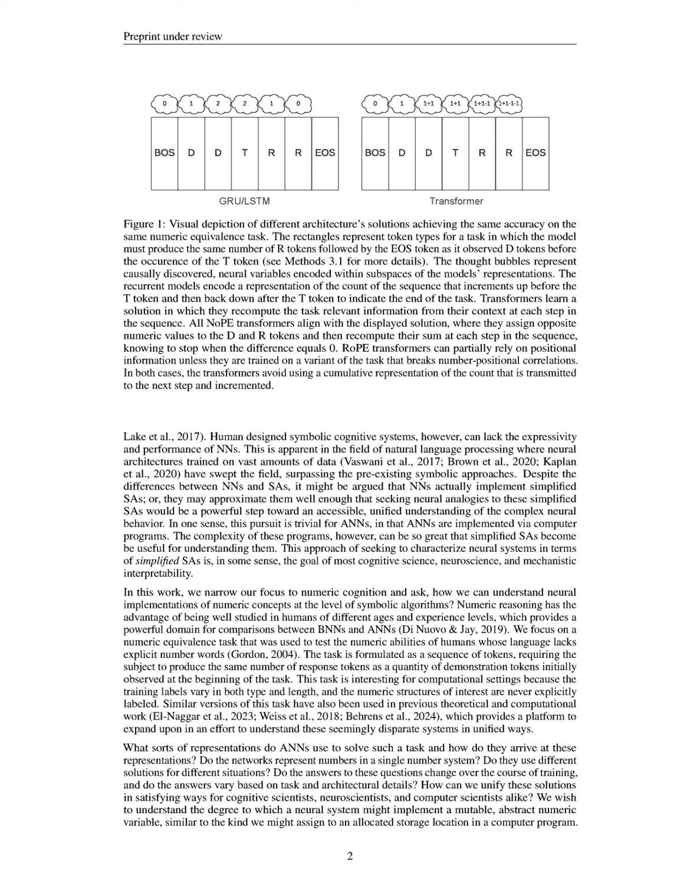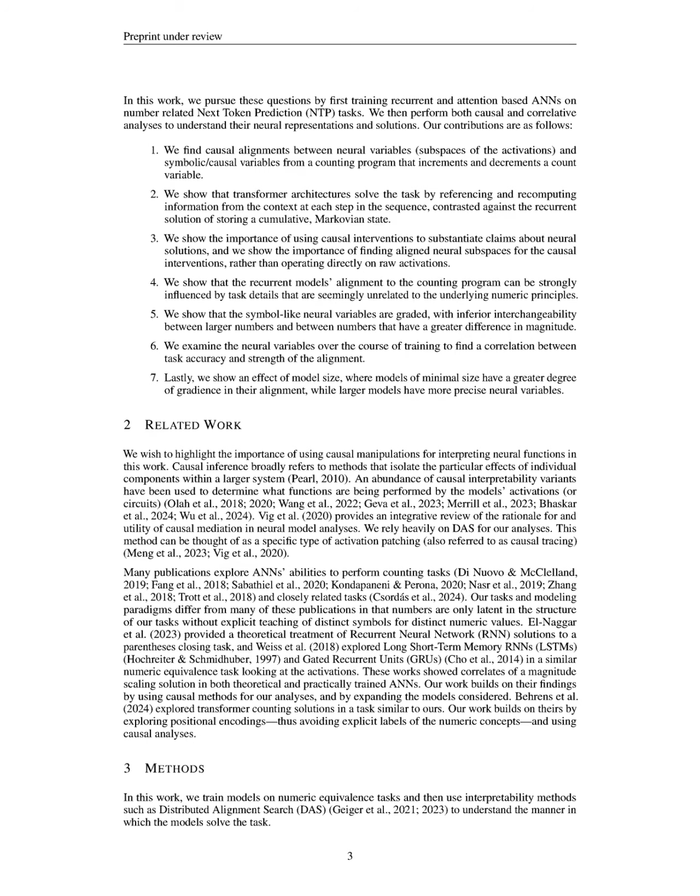The method presented in this work offers significant theoretical and practical benefits over existing approaches in modeling numeric reasoning in neural networks. Firstly, by employing causal analyses through distributed alignment search, DAS, we can establish causal alignments between neural variables and symbolic algorithms, providing a clearer understanding of how neural networks represent numeric concepts.